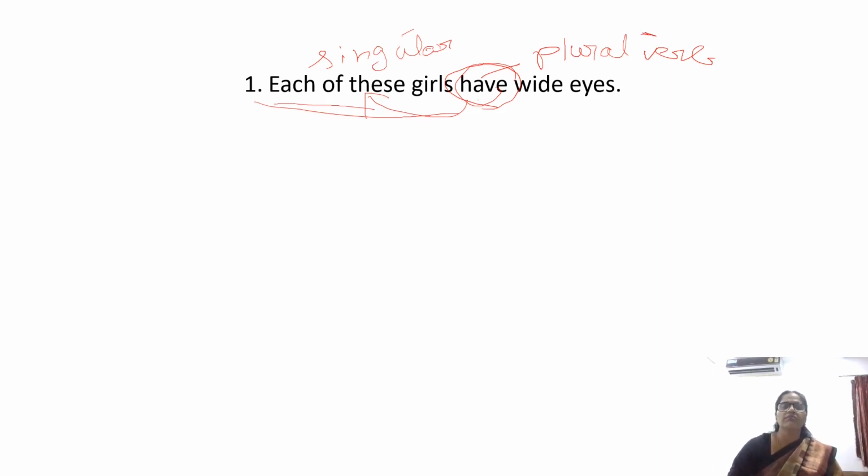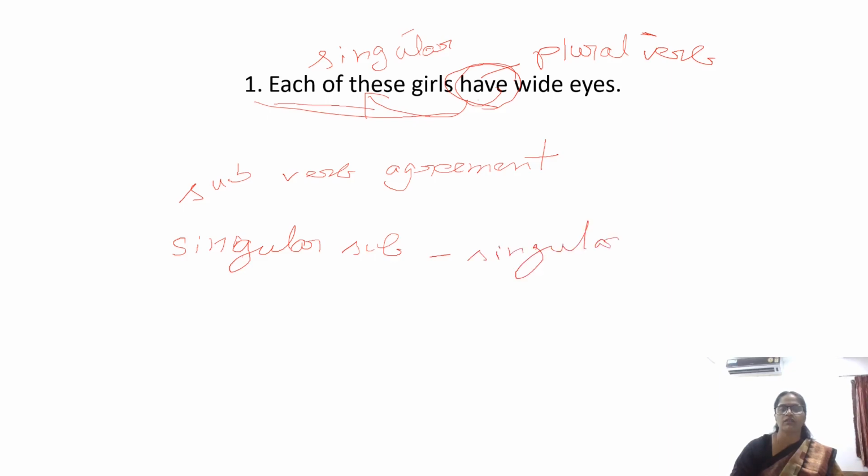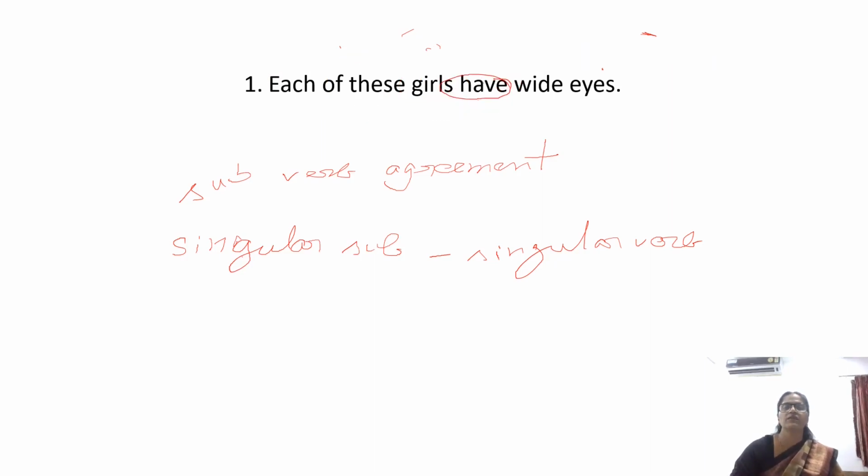So here the mistake is subject verb agreement. Singular subject takes singular verb. Though here girls are plural, we are talking about each of these girls, many girls, but we are talking about each one. So here our subject is singular. So each of these girls has wide eyes.